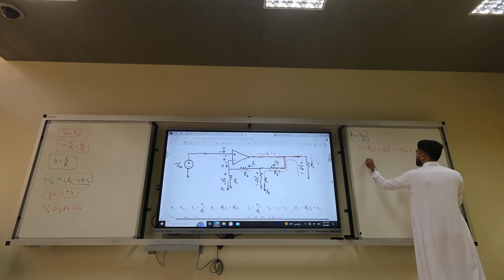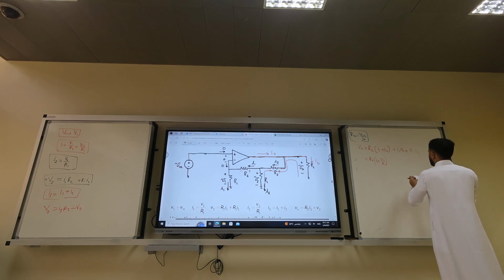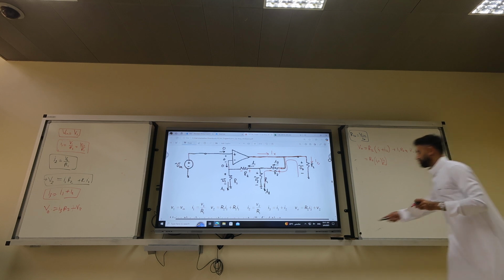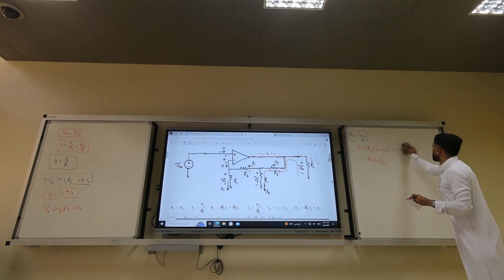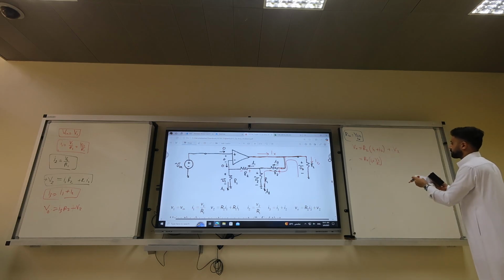Can I say this is R2 times I1 plus V2 over R1? No. The mathematical trick is I would keep this as V2, okay?